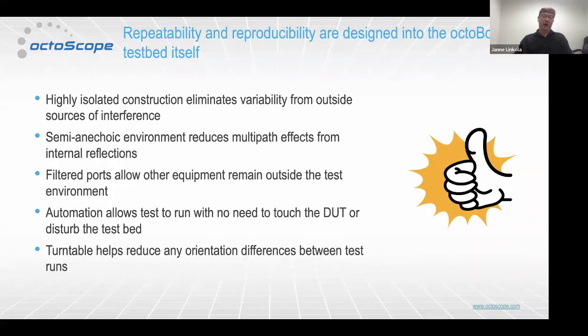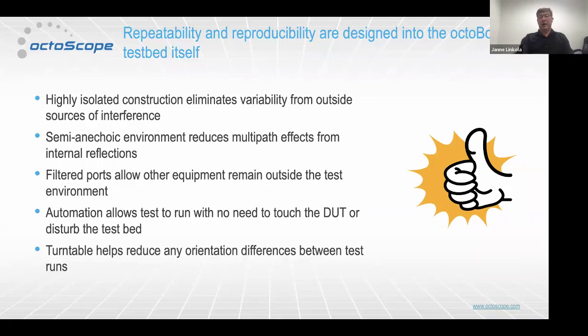And of course, the entire test procedure is done using software controllable test instruments, software and scripts. So no human needs to touch the device or the test bed itself when these tests are performed. And in fact, we also have a turntable, in case we want to do any kind of orientation style testing.